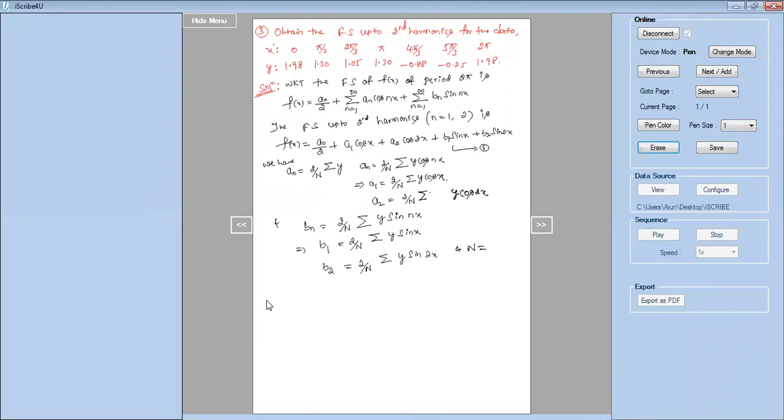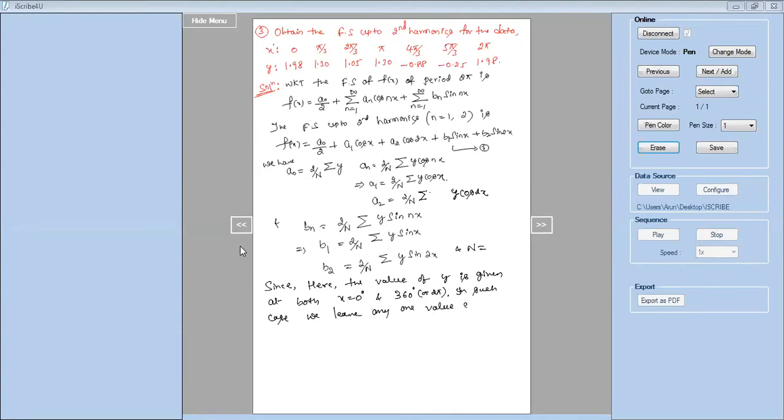So since the value of y is given at both x equal to 0 degree and 360 degree, or I can say 2 pi, in such a case we leave any one value, say the last, that is x equal to 2 pi and its corresponding y value. So we have to do this.